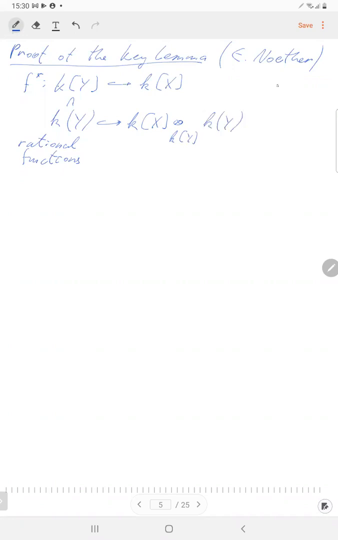Okay, and let's maybe denote this by A. It's an algebra, and this algebra is a finitely generated module over the field of rational functions, and just similarly to the proof of a Minotaur lemma.